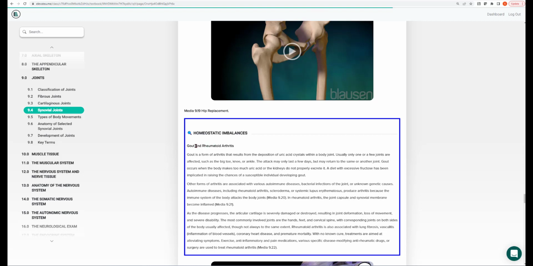Another form of arthritis is gout. Gout is a dietary, metabolic imbalance, and this form of arthritis affects men more than women. What I'm trying to point out is that there are many different types of arthritis. Some affect men more, some affect women more, some affect both sexes equally.